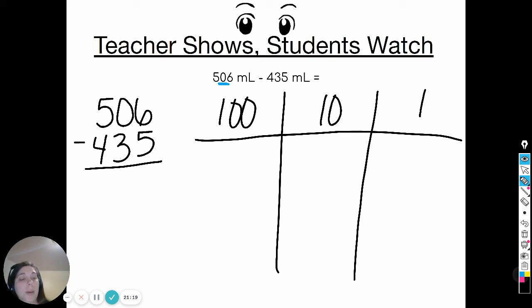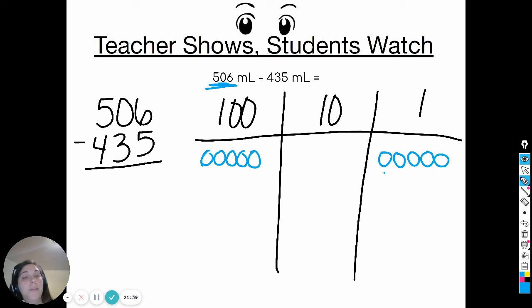Okay. I get to draw my first example, which is 506, 5 hundreds, 0 tens, 6 ones. 5 hundreds, 0 tens, so nothing in the tens place, and 6 ones.